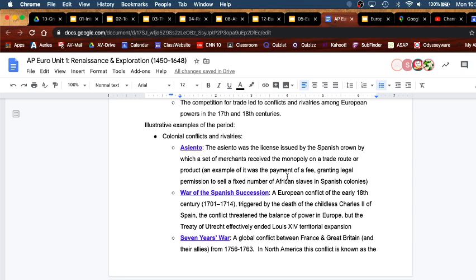An example of it was the payment of a fee granting legal permission to sell a fixed number of African slaves in the colonies. So this is like a royal decree, if you will, a license by the Spanish crown that gave you permission to be engaged in a certain kind of trade, in this case, slavery.